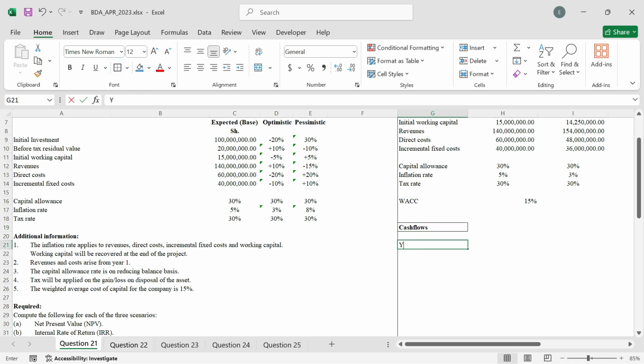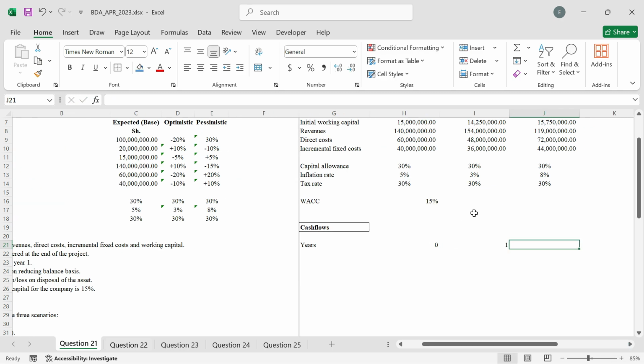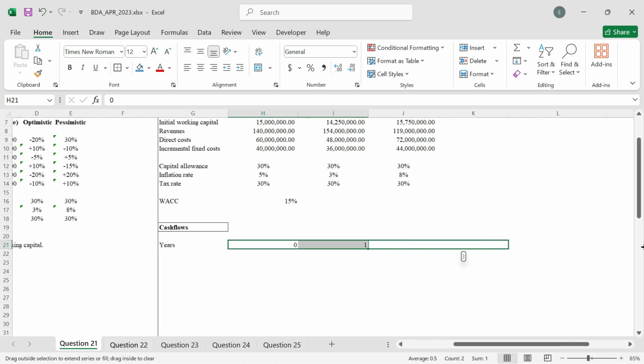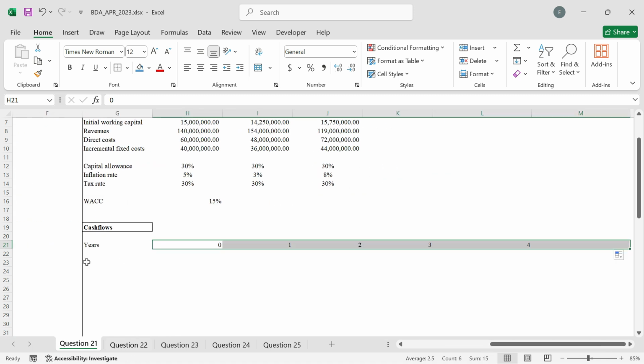Which will begin with my years from year 0 to year 5. Remember to format your values.